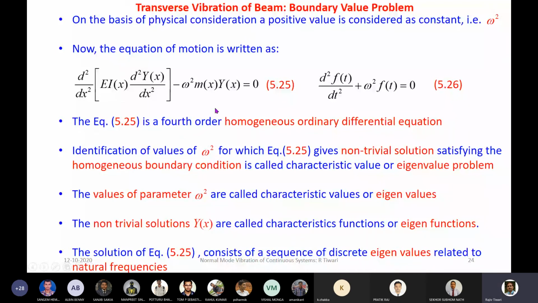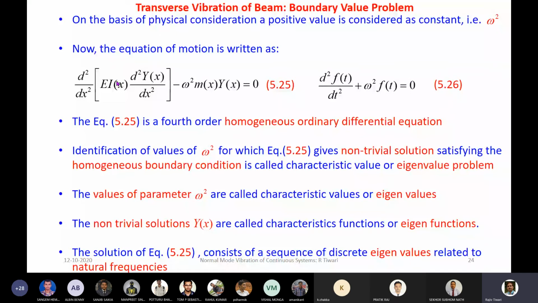In the discrete system, the eigenvalue problem was in the form of a matrix, that is, linear homogeneous equations. Now, in the continuous system, we get an eigenvalue problem which is an ordinary differential equation. At the beginning of the lecture on continuous systems, I mentioned that the eigenvalue problem for the continuous system will be an ordinary differential equation.